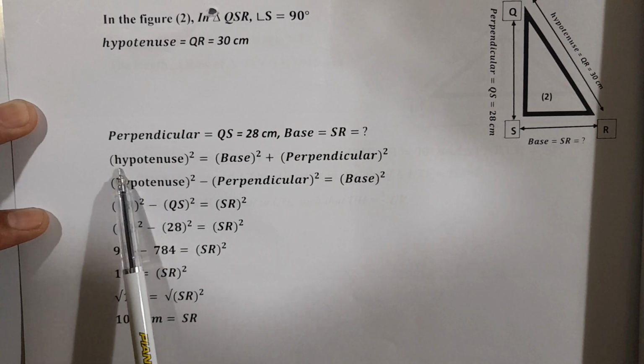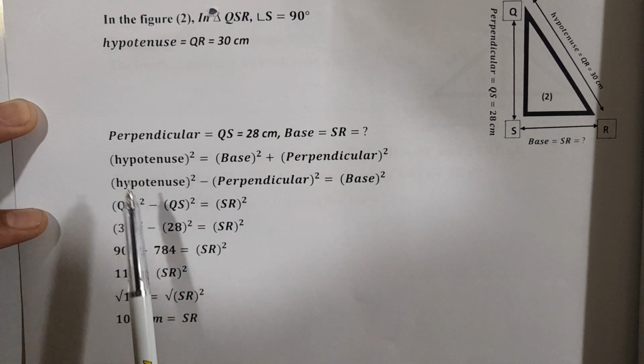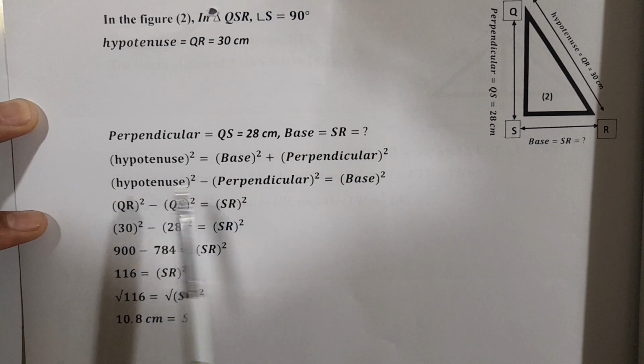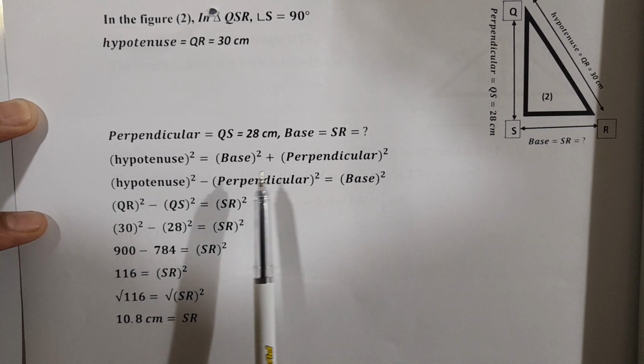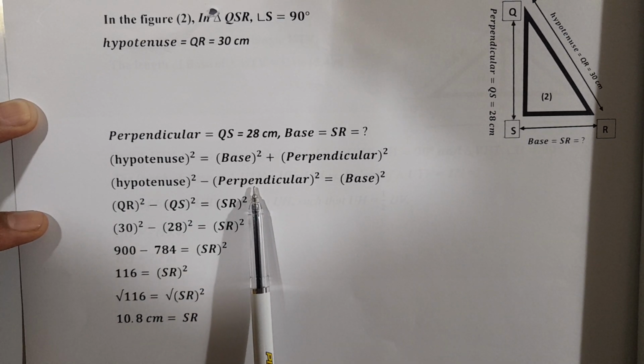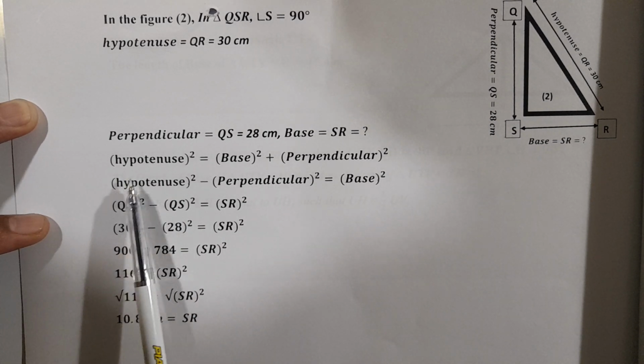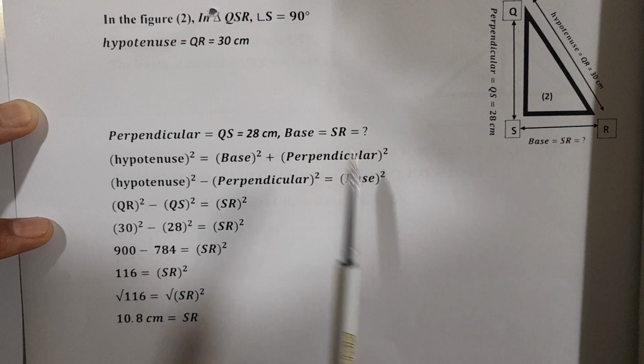We need the formula: hypotenuse square is equal to base square plus perpendicular square. We will be rewriting this formula because we have to find the base. So, we will be moving perpendicular to the left hand side of the equalizer. So, hypotenuse square minus perpendicular square is equal to base square.